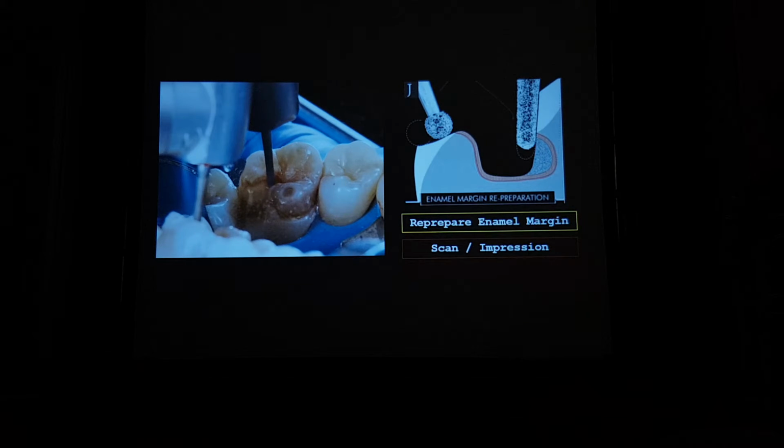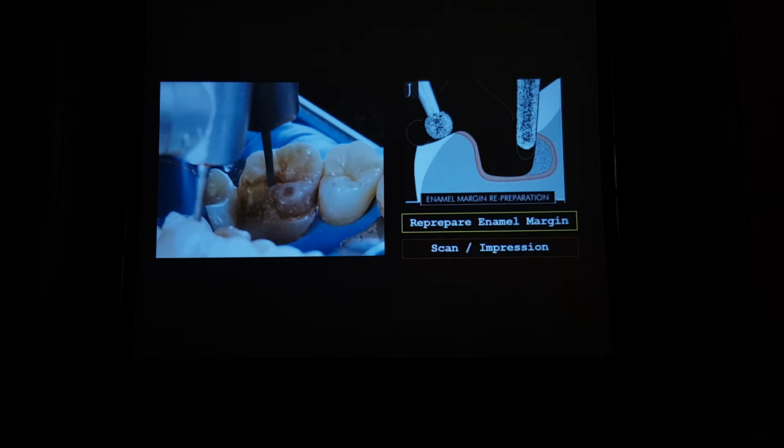And after the second curing, we should re-prepare the enamel margin. Why is that? Because when we are applying dental adhesive, it's very difficult to control, right? So maybe you'll cover some part of the enamel, but that is not what we want, because we want the enamel to be bonded until the final cementation.